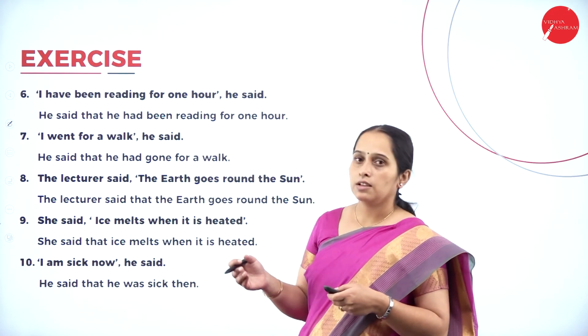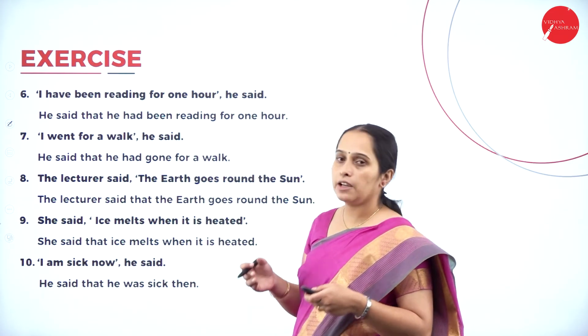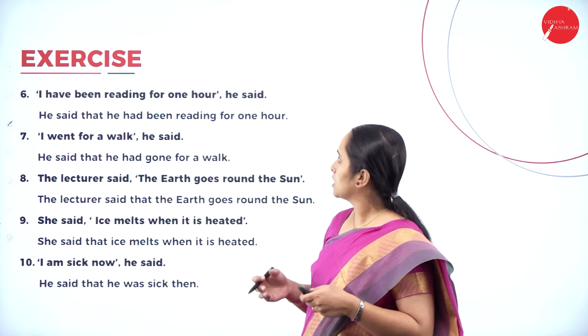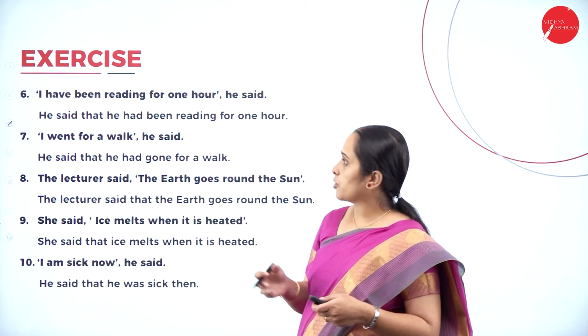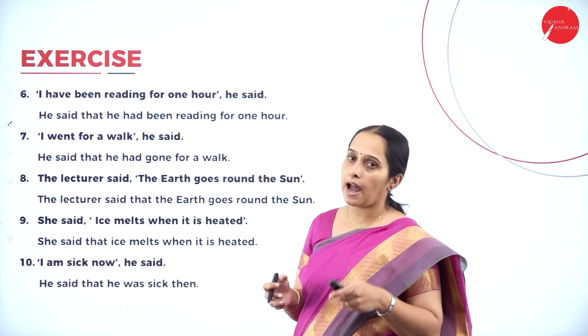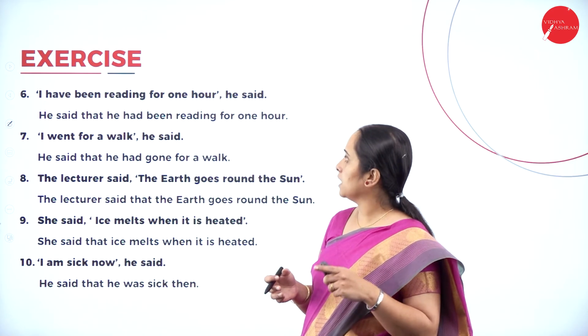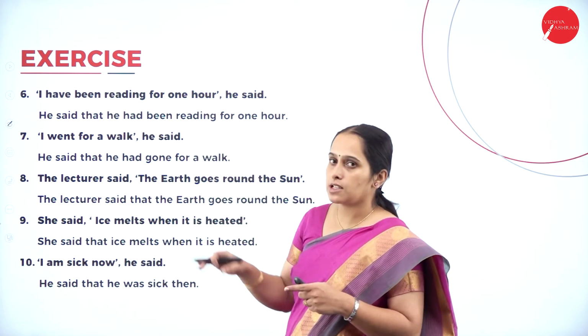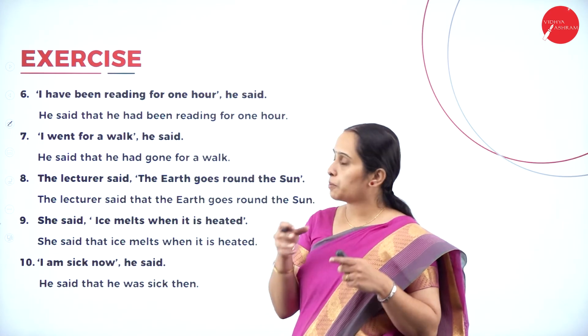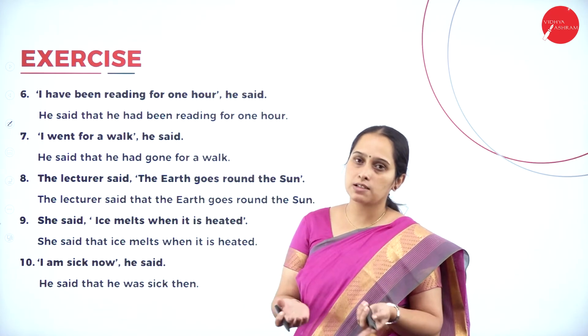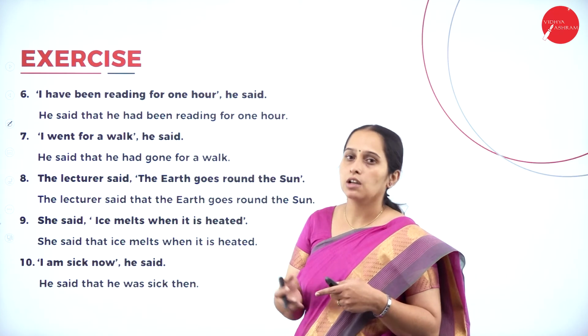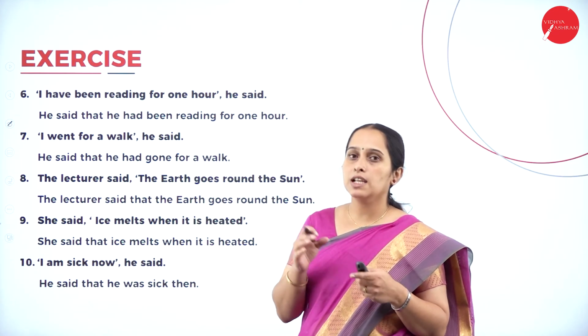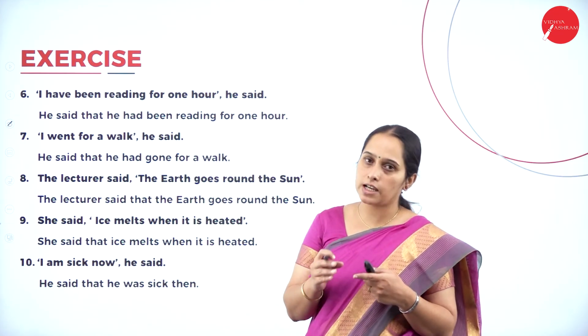Next one. "I have been reading for 1 hour," he said. So, he said that he had been reading for 1 hour. So, this is in continuous tense, right? When you change the present perfect continuous tense into past perfect continuous tense, you have to use continuous tense. Only in some cases, there will be little changes.